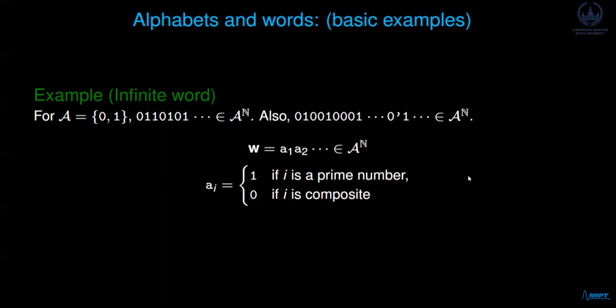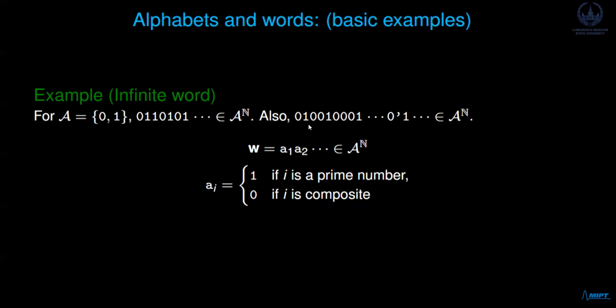In this case, we can create an infinite sequence like 0, 1, 1, 0, 1, 0, 1, and so on, which belongs to A to the power omega, the set of all infinite words over the alphabet A. Similarly, the sequence 0, 1, 0, 0, 1, 0, 0, 0, 1, and so on, is another infinite word that belongs to A to the power omega. But how do we construct such a sequence?